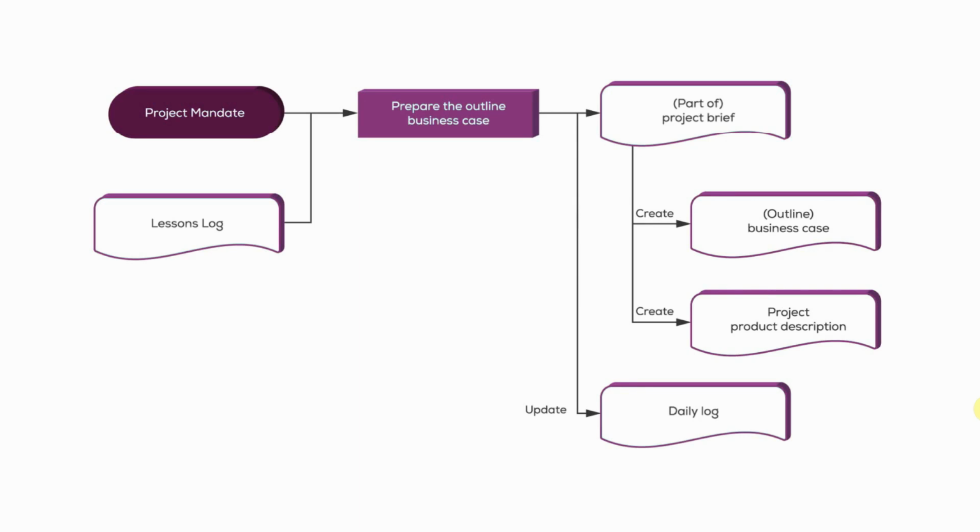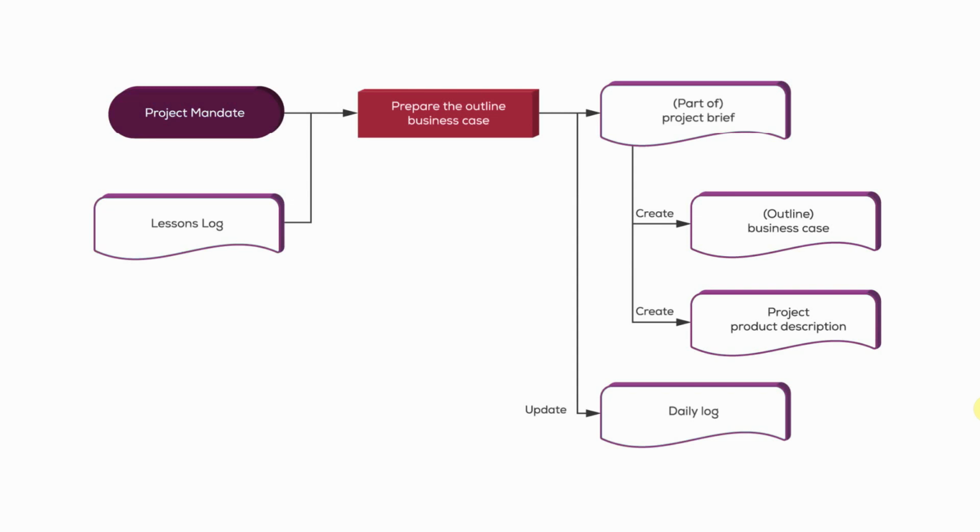The outline business case will detail what the project's objectives are, the reasons for doing the project, how the project will contribute towards corporate objectives, and how the project's going to be funded. The project executive will obviously review any lessons, check any standards mandated for the format and presentation of the business case, and prepare it and present it.